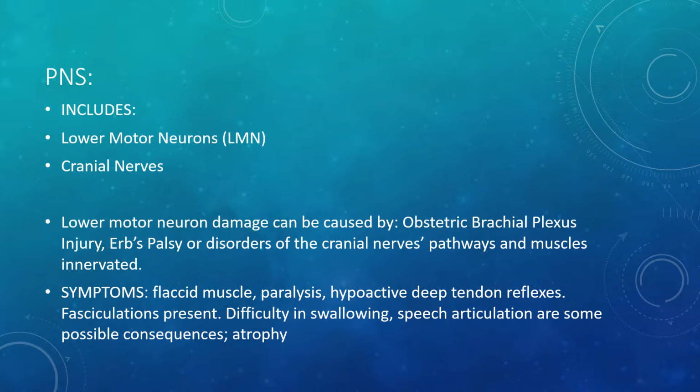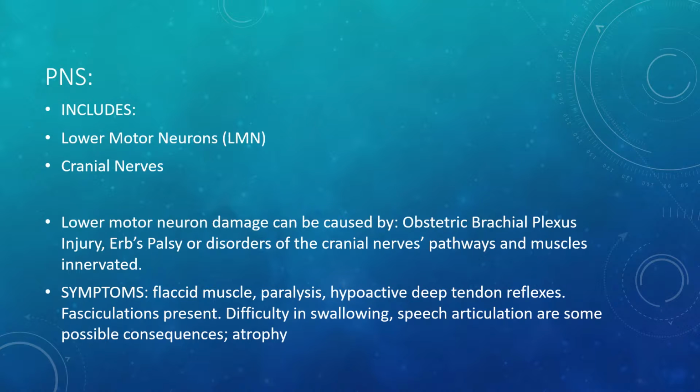The reasons that you could have injury to the PNS would be obstetric brachial plexus injury or Erb's palsy. They're sort of interchangeable. And disorder of anything that is innervated by the cranial nerves.